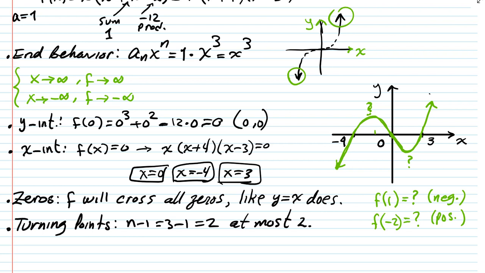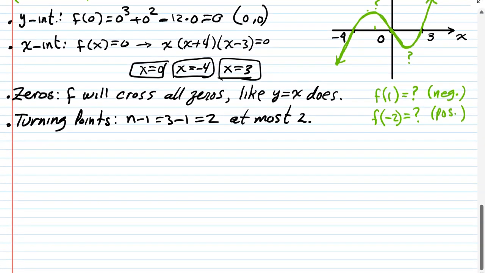And that just gives you a couple of additional points on the graph of this function. Okay, so there you have it, we're done with what we wanted to do here, and we have completed the graph of this function.